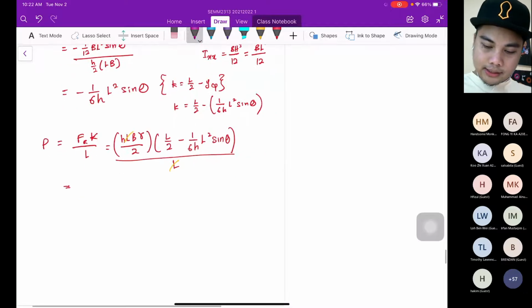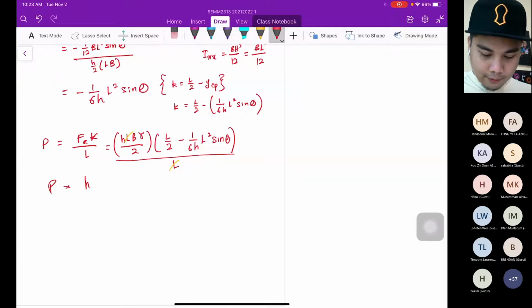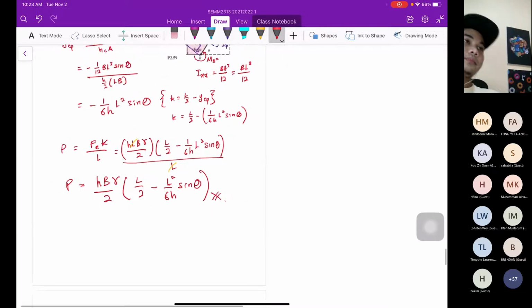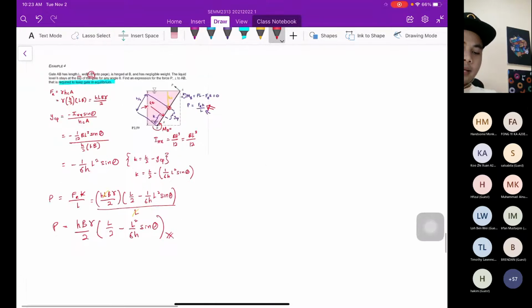So the answer shall be P equal to HB gamma over 2, L over 2 minus 1 over 6H L squared sine theta. That's it, that is the answer.